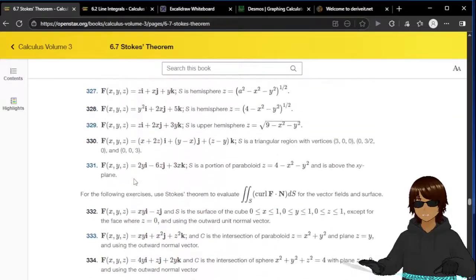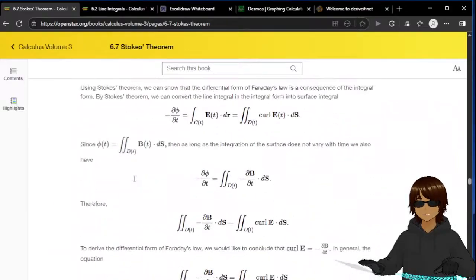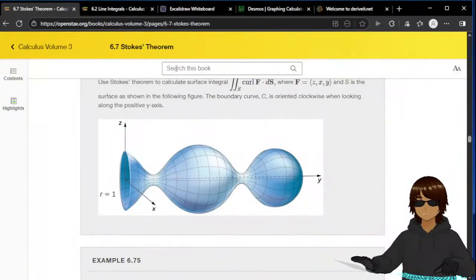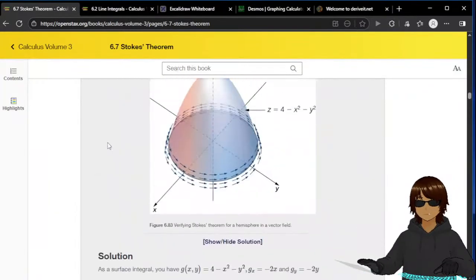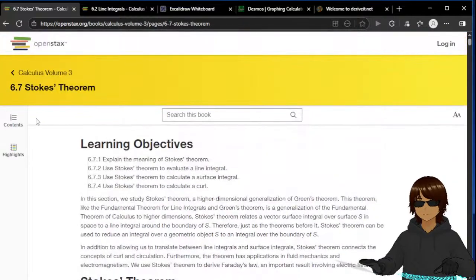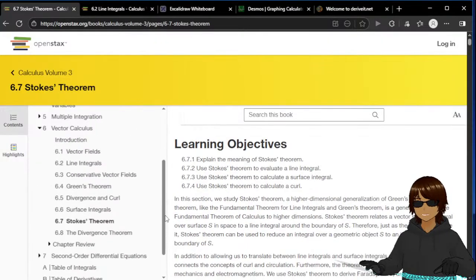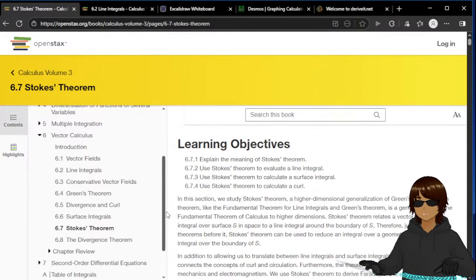We did reach the end, but this is my first time doing calculus 3, so this chapter was really confusing for me. I need to get very good at all of the previous chapters because I'm sort of rushing through these chapters within these streams.